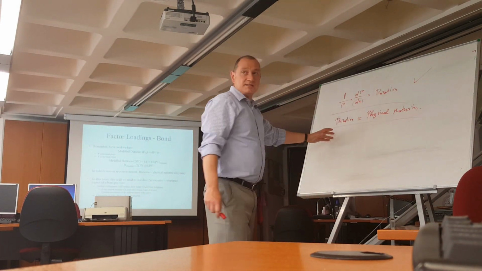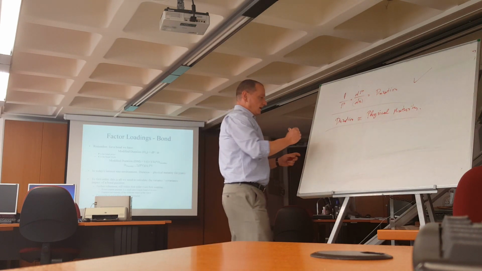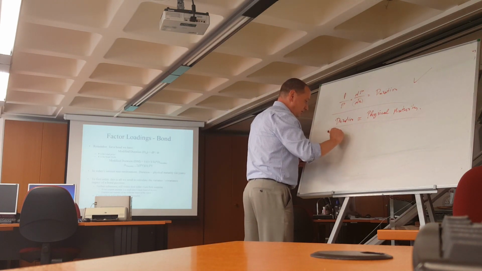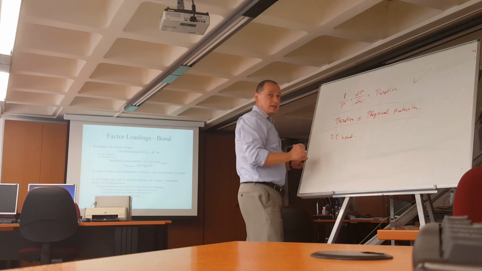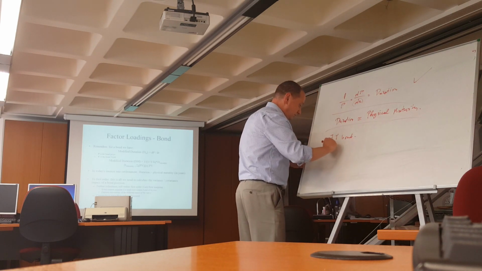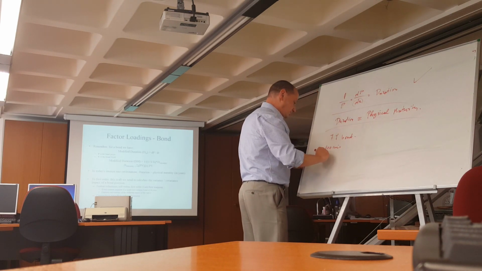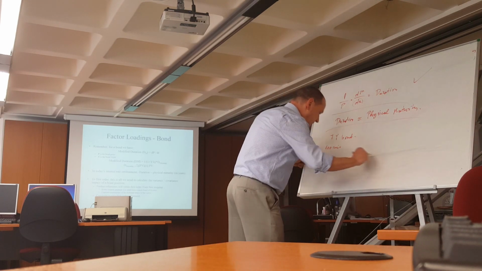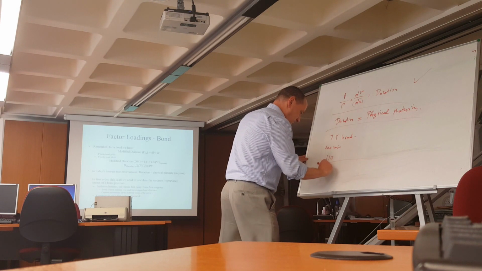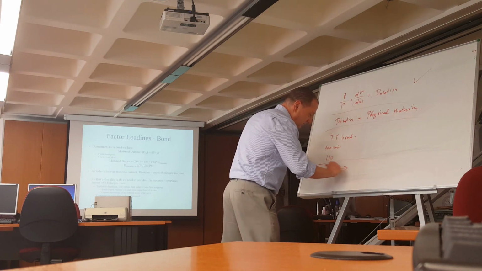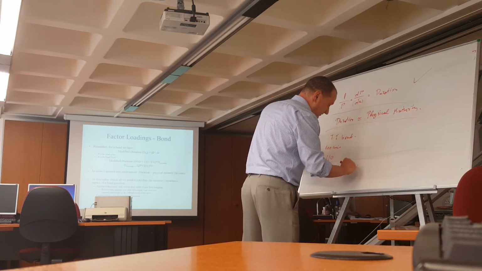So, as an example, suppose we have a 7-year bond. It has a notional amount of 100 million. It has a price of 110. And interest rates go up from, say, 2% to 3%.